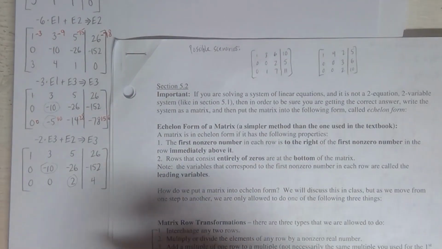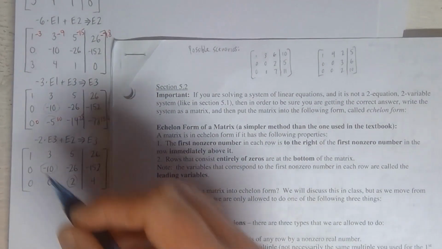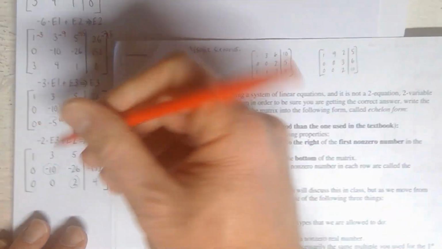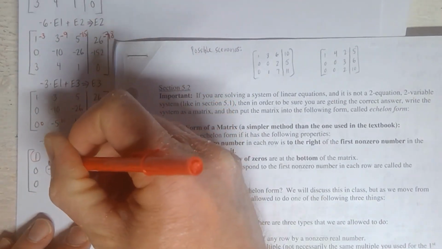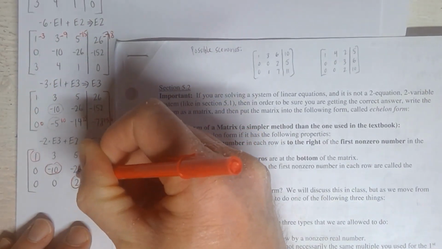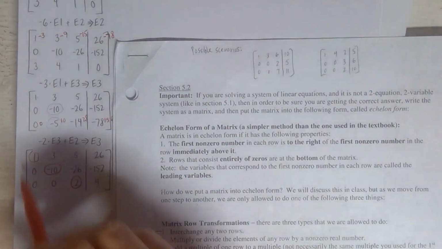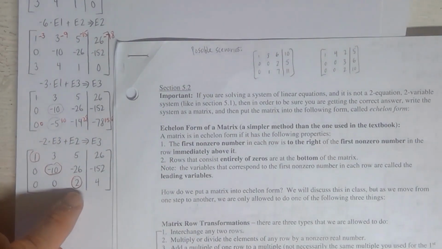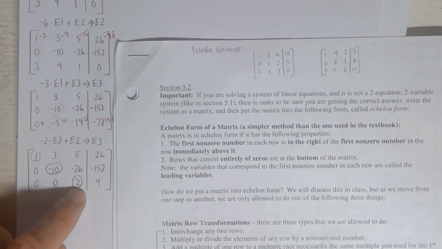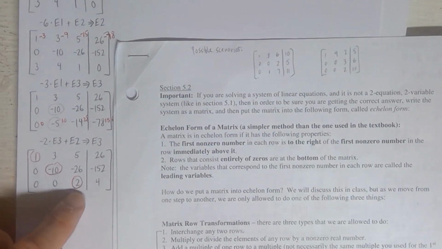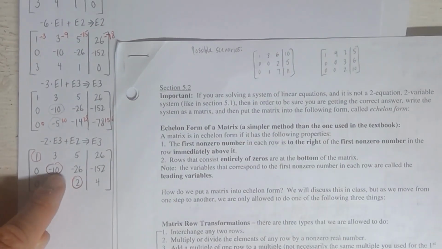Okay, let's test it out. You'll see here that there's 3 leading numbers. I'll put them in red here just so you can see them a little bit better. These are currently the leading numbers in each row, the first non-zero number in each row. Isn't it true that each red thing I circled here is to the right of each leading number above it?